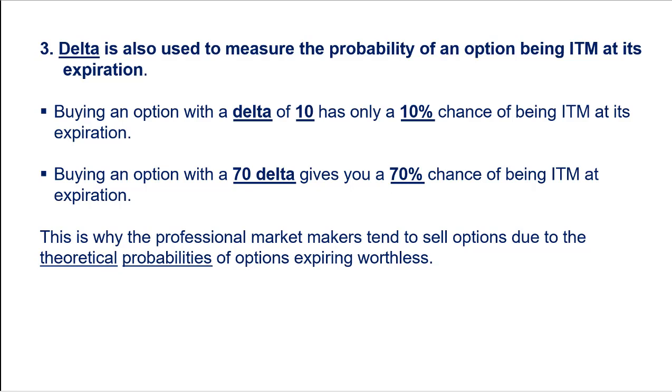Or if you're buying an option with a 70 delta, you could look at that as giving you a 70% chance of being in the money or at the money at expiration. This is a big reason why professional market makers and traders often look to sell options, due to the high theoretical probabilities of the option expiring worthless when you're way out of the money.